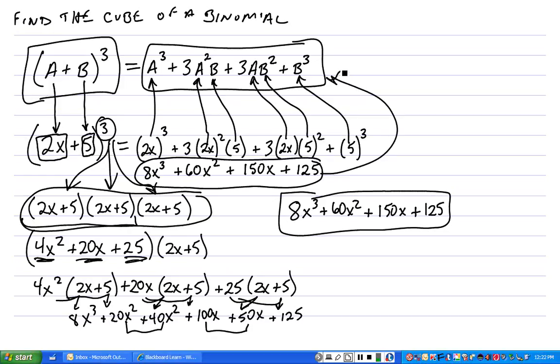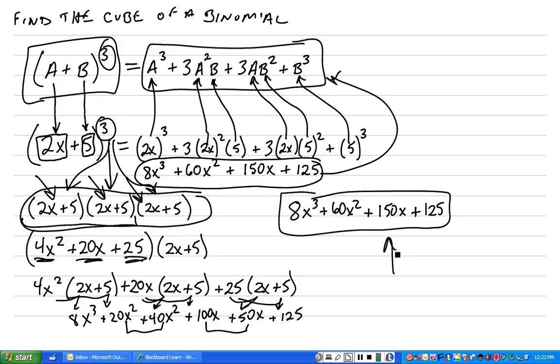So just showing you how if you're able to remember the formula, plugging into the formula gets you there a little quicker, but you don't have to, as long as you know how to handle what it means to take a binomial and cube it, which means to write it that many times. In this case, if you cube it 3 times and multiply it all out, you still get the same answer.